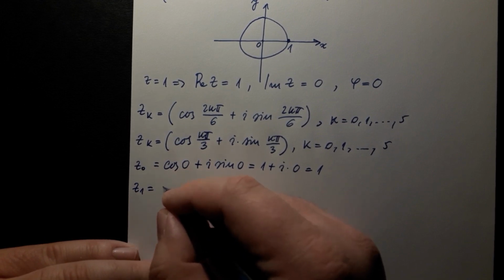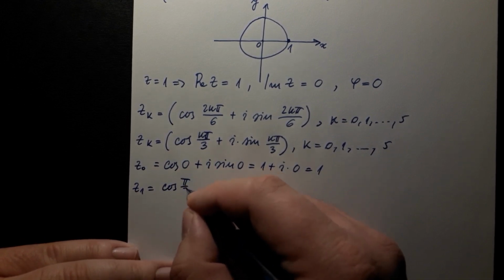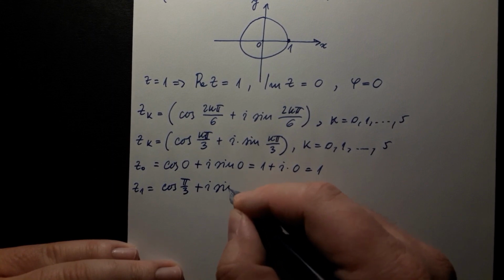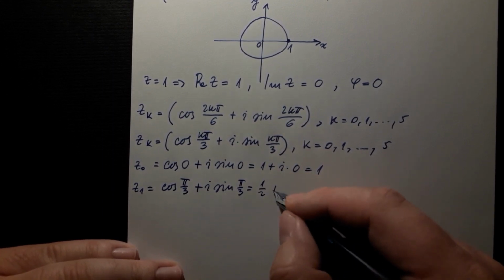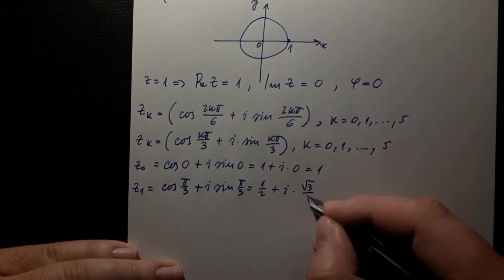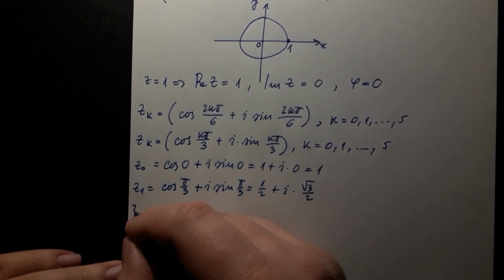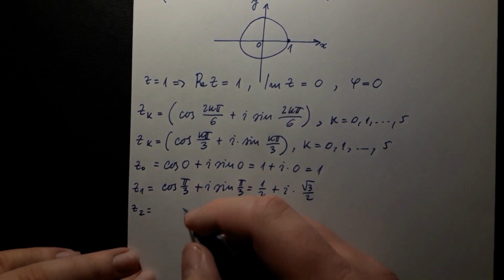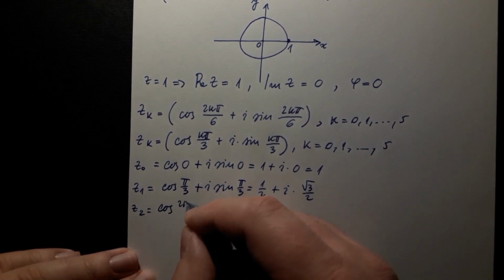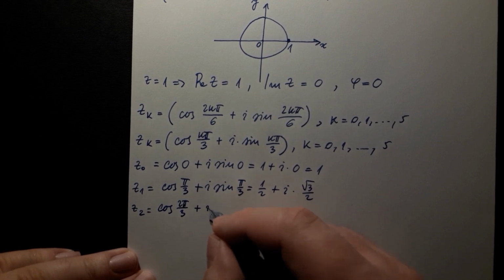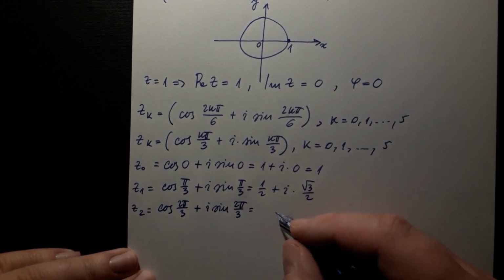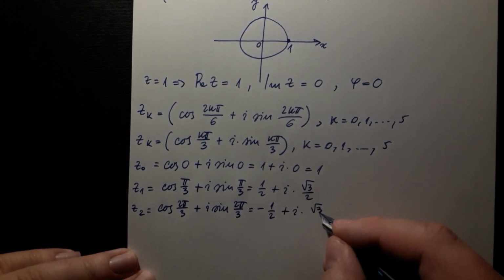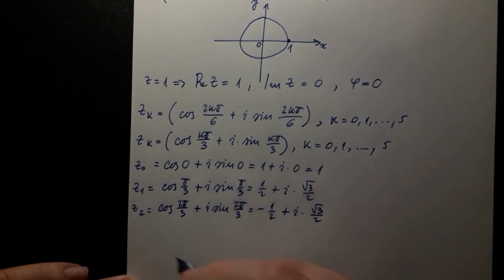Number z1 becomes cosine of pi over 3 plus I times sine of pi over 3, which is equal to 1/2 plus I times the square root of 3 over 2. z2 is equal to cosine of 2p over 3 plus I times sine 2 pi over 3, which is basically equal to negative 1/2 plus I times square root of 3 divided by 2.